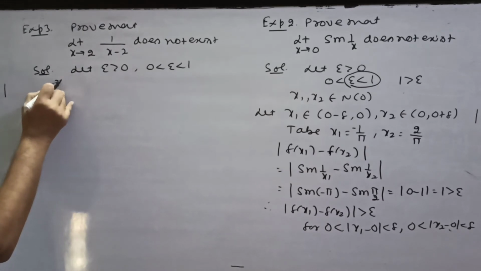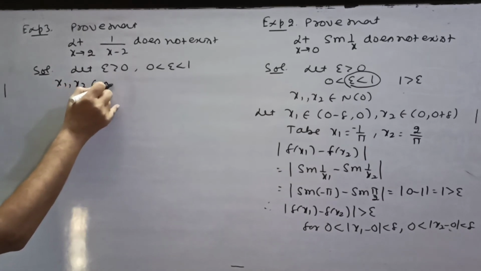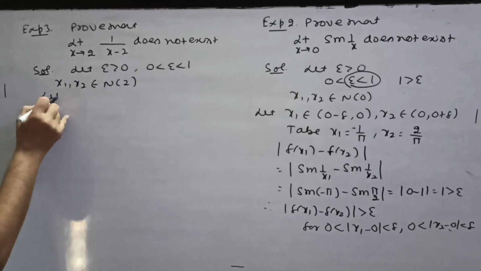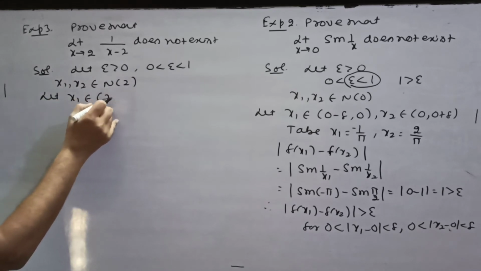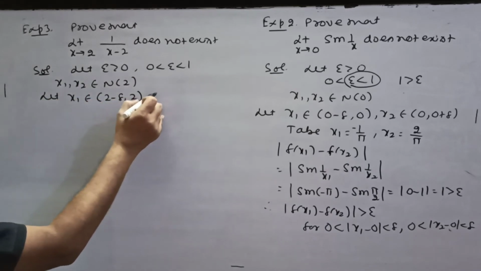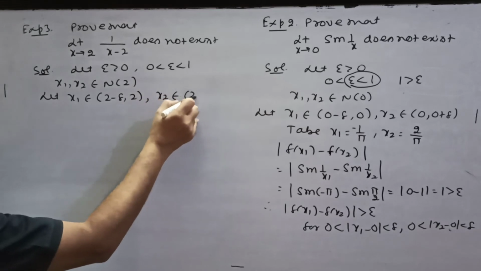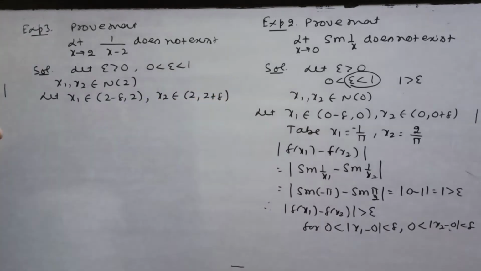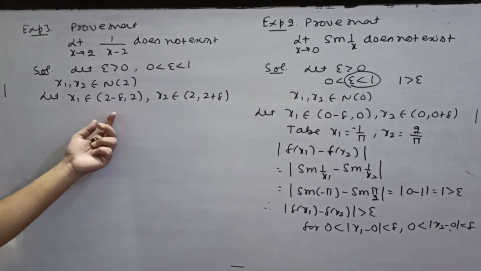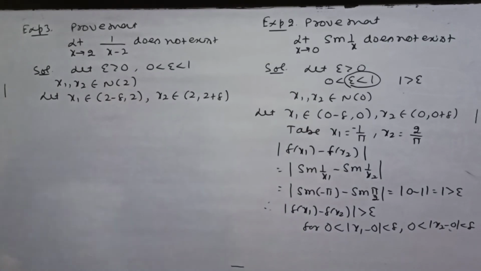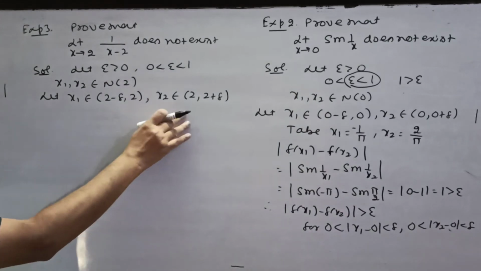Then x1, x2 belong to the neighborhood of 2. Let x1 belong to (2 minus delta, 2) and x2 belong to (2, 2 plus delta). Left neighborhood, right neighborhood.